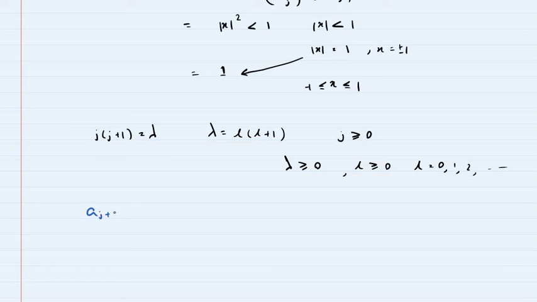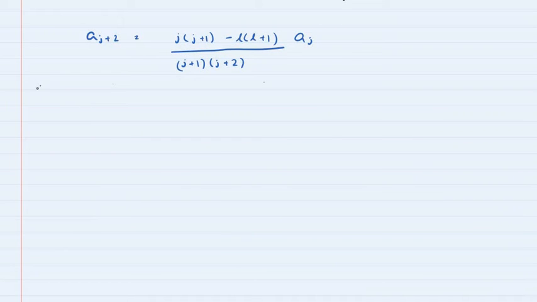Now I am going to write down our recursion relation again. a j plus 2 is equal to j times j plus 1 minus L times L plus 1 divided by j plus 1 times j plus 2 multiplied by a j. Now let's first consider what happens when j is equal to 0, 2, 4 and values like this. When j is equal to 0, I get a2 is equal to minus L times L plus 1 divided by 1 times 2 times a0.